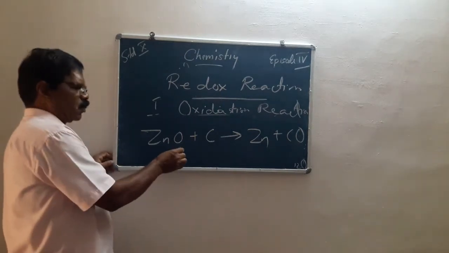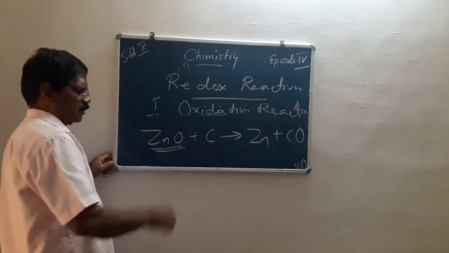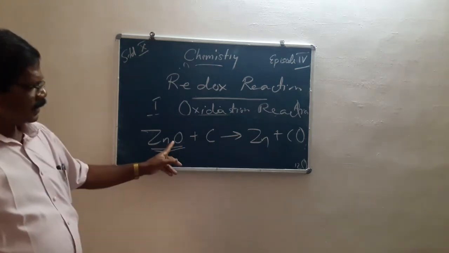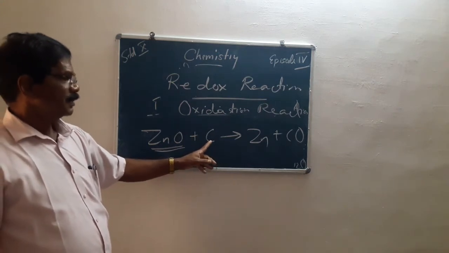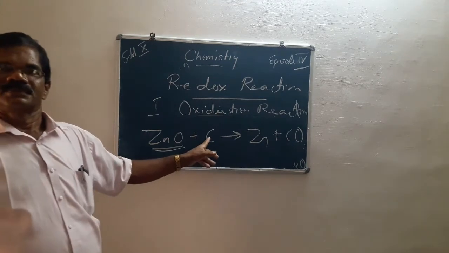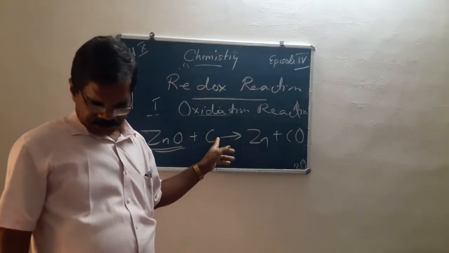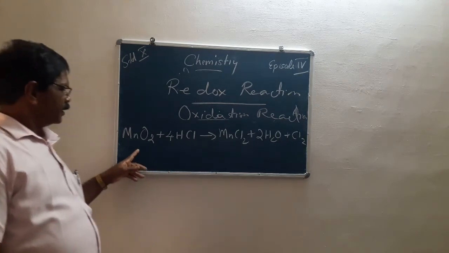Here, the oxygen is removed from zinc oxide, so it is reduced. Carbon combines with oxygen to form carbon monoxide. It is oxidized.